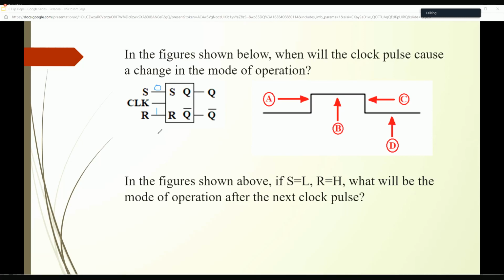Yes. All right, so no bubble, no state indicator, nothing indicating that it would be active low. So I'm looking for a high. This is a low, I'm looking for a high. This is a high, I'm looking for a high, right? And so this R is active, S is not.